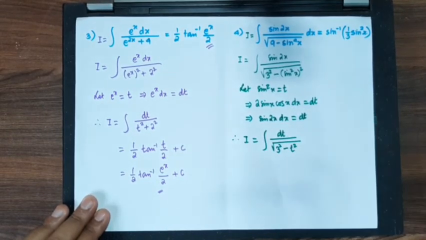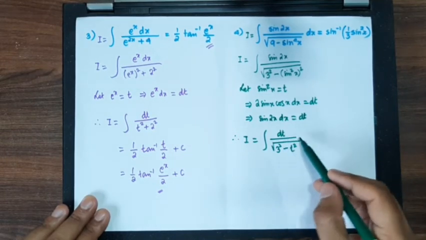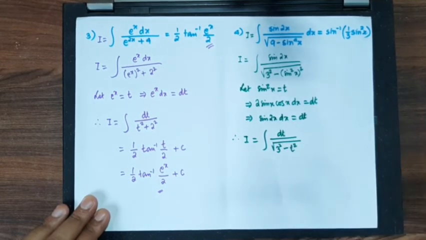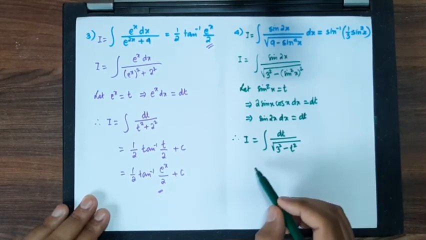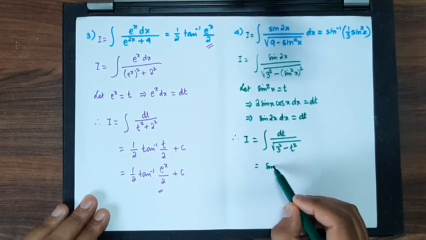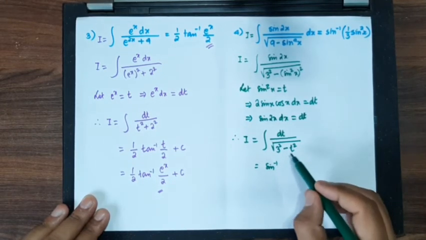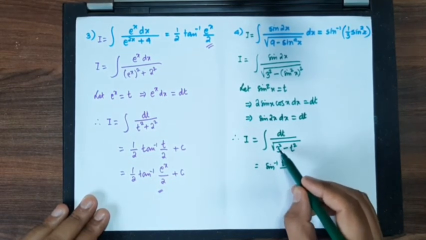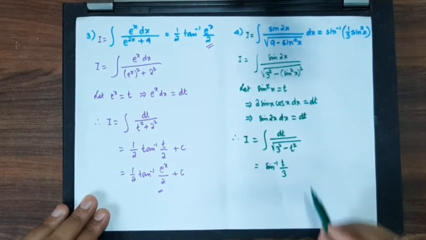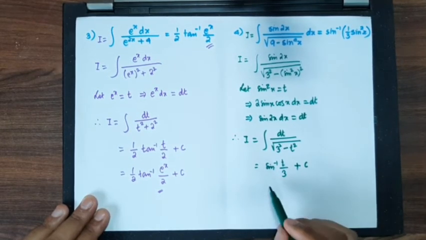So we have the integral of dt by square root of a square minus t square form. And this is equal to how much? This will be equal to sine inverse x by a. x is t, right? And how much is a? a is 3. We'll put the constant of integration here.